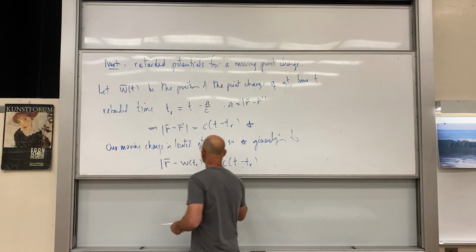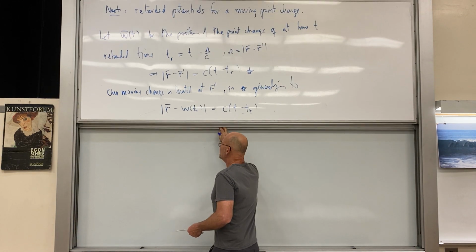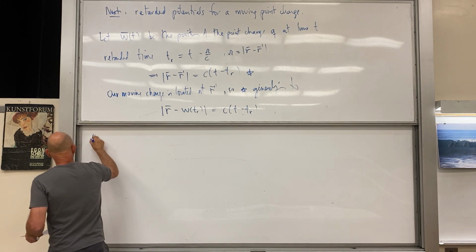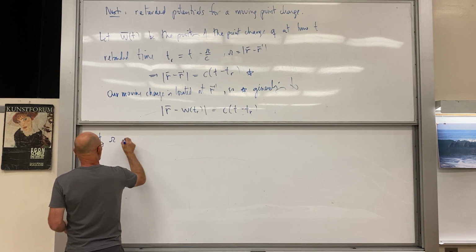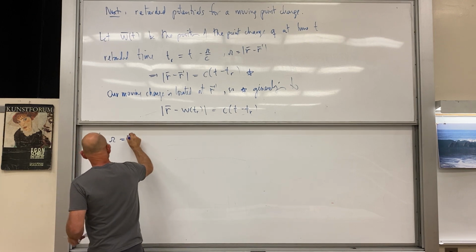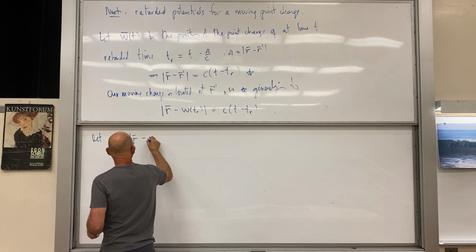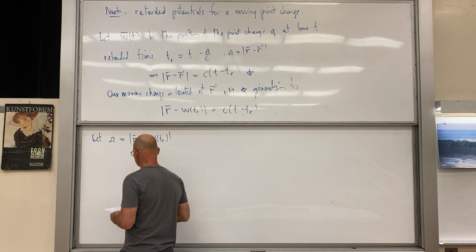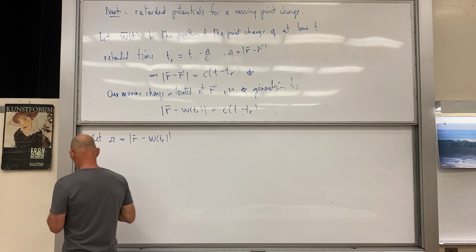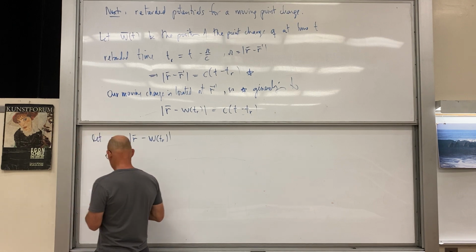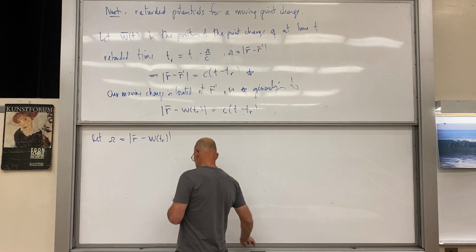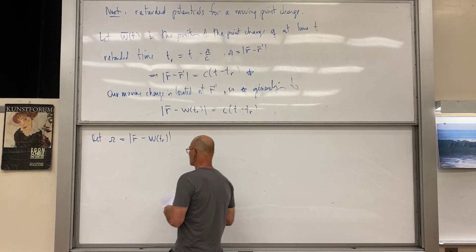So we will be using this script R here being equal to this, R minus W of t_R.